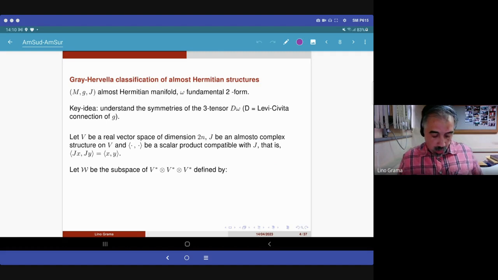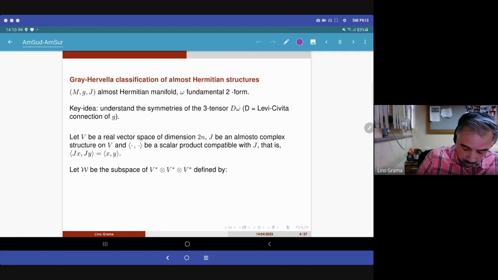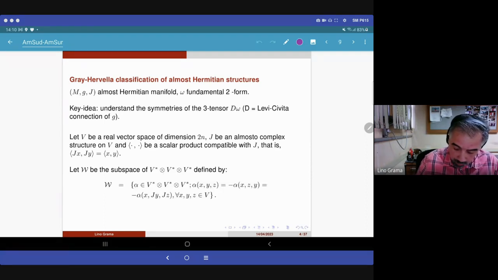We denote by capital W the subspace of V star tensor V star tensor V star defined by this property: it will be skew-symmetric in the last two entries, and we have this kind of symmetry here, a skew orthogonality in the last two entries.